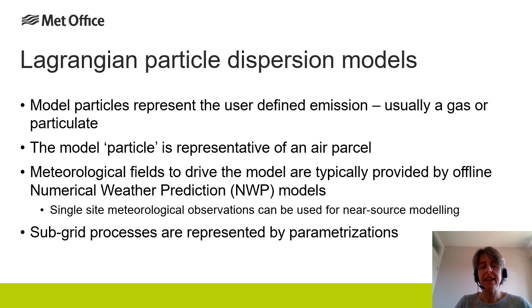As I've mentioned already, the model is driven by input meteorological fields. It's an offline model, and the input fields generally come from numerical weather prediction models, but at short range we can use single site observations. And the model has a number of subgrid processes within it that are parameterized.